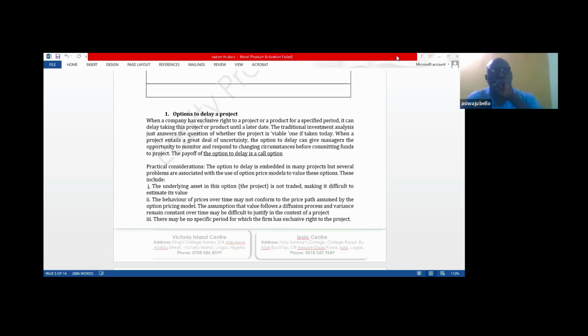Option to delay a capital project, where a company is given patent rights. A patent right is the exclusive right to a particular product or project. It gives the company the right to be the sole producer of that product within a specified period.